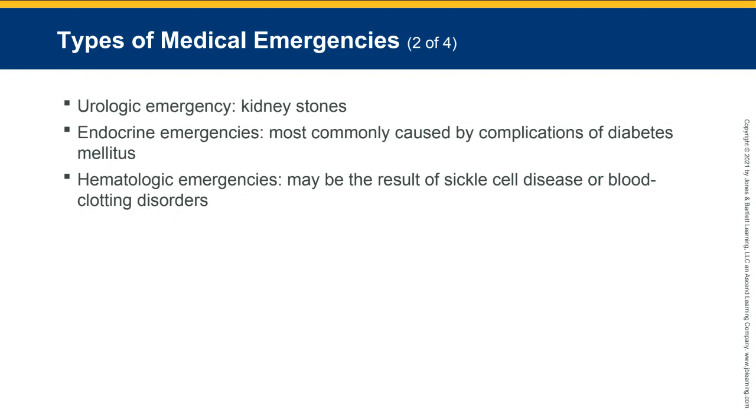So we look at emergencies associated with the abnormal findings of the blood sugar or the body's inability to utilize insulin. Hematologic emergencies may be the result of sickle cell disease or blood clotting disorders. So when we look at hematologic emergencies, we're going to look at bleeding disorders and clotting disorders.